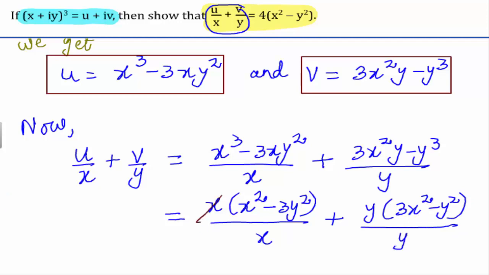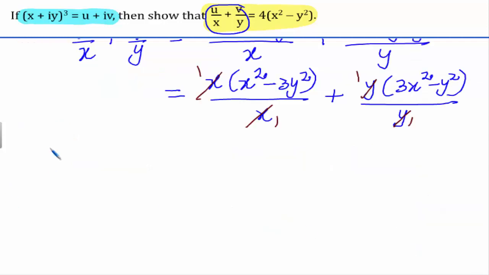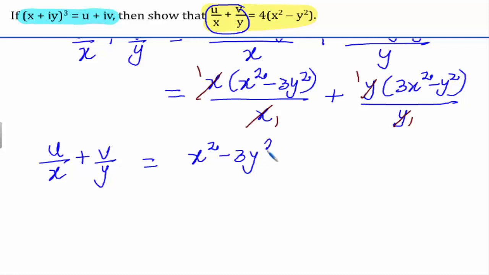Upon simplification, we get u/x + v/y is equal to x² − 3y² + 3x² − y². So this will be equal to 4x² − 4y².